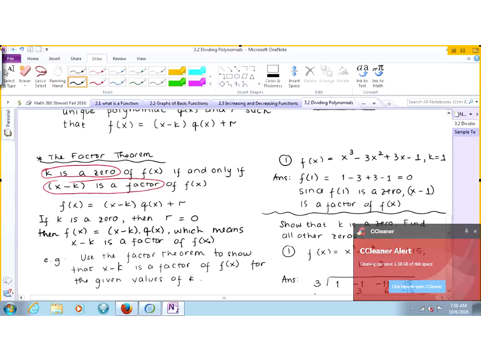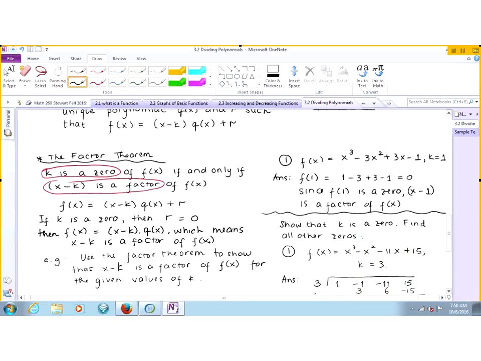So if k is a 0, it means the remainder is a 0 by the remainder theorem. So you don't need to write plus 0. If you can write f of x equals x minus k times q of x, it means x minus k is a factor of f of x.